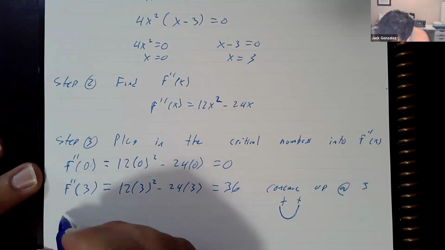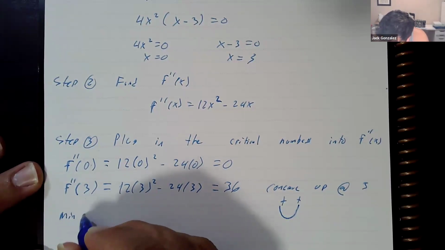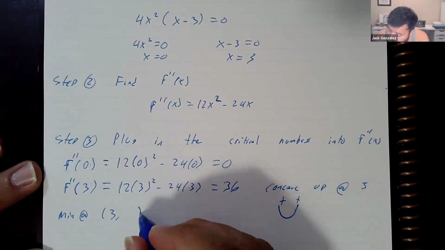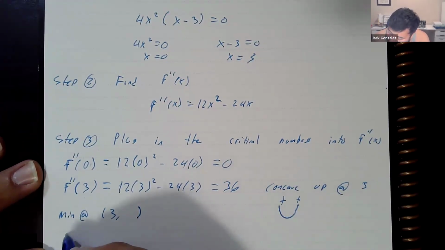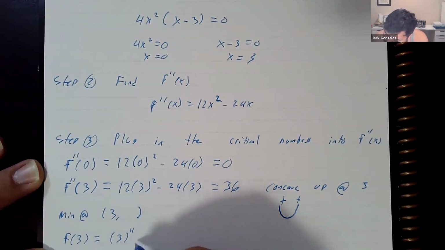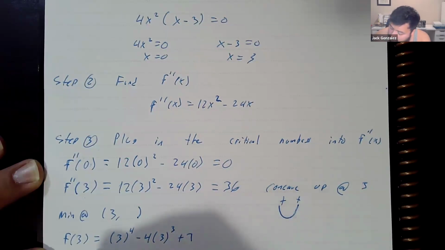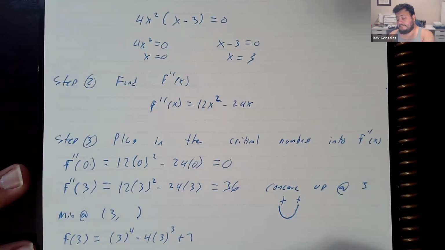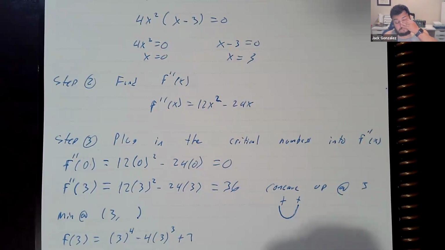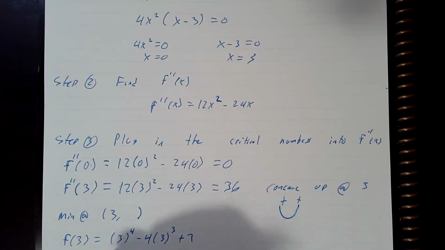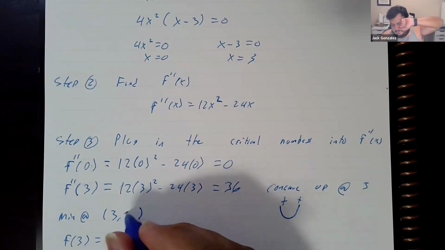So we have the minimum, which is what they wanted to know, at 3 comma something. I need to find that something. Plug in 3 into the original. Use your calculator. You should get negative 20.